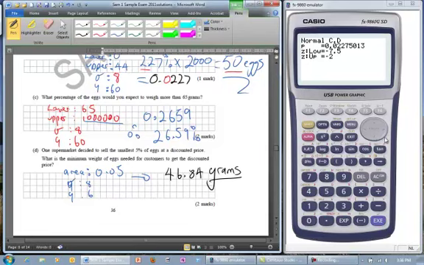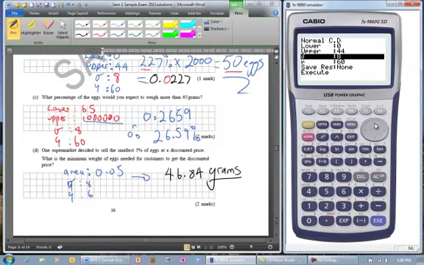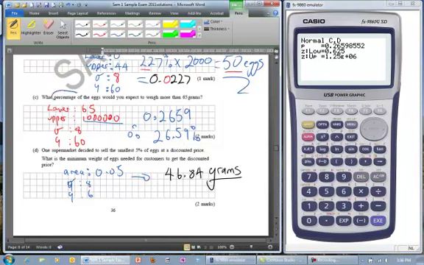Go back into this bit, change your lower to 65, and your upper to anything with a whole lot of zeros on it, it doesn't really matter. Then execute, and it works out as 0.2659, or 26.6%. It asks for the percentage, so your answer has to be a percentage.